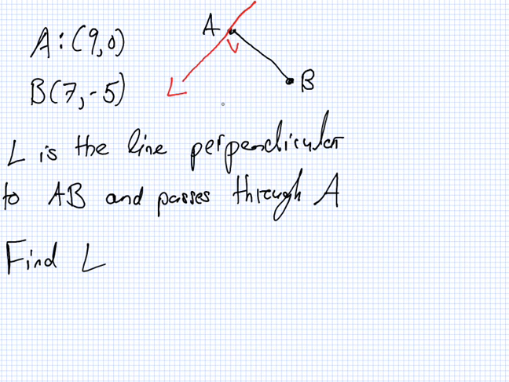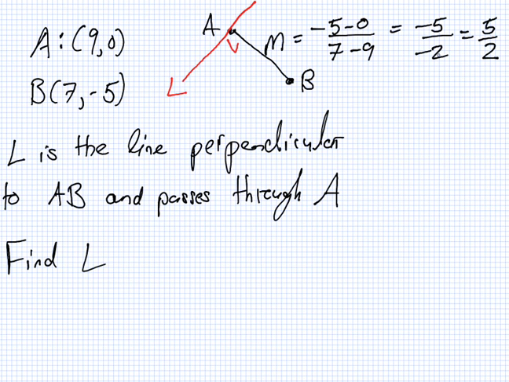So the slope of AB, y2 minus y1 over x2 minus x1, minus 5 over minus 2, I think. So that's 5 over 2. Is that right? So the slope here will be minus 2 over 5.